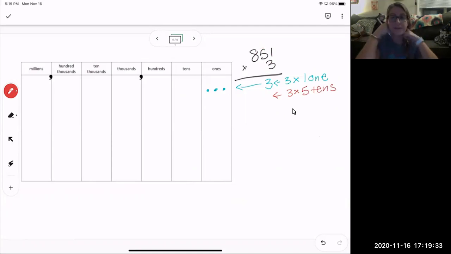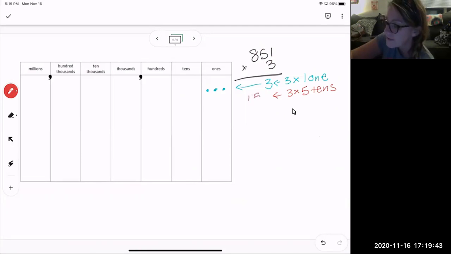Okay, not 15 ones, not 15, but 15 tens. So I know that 15 tens is equal to 150.